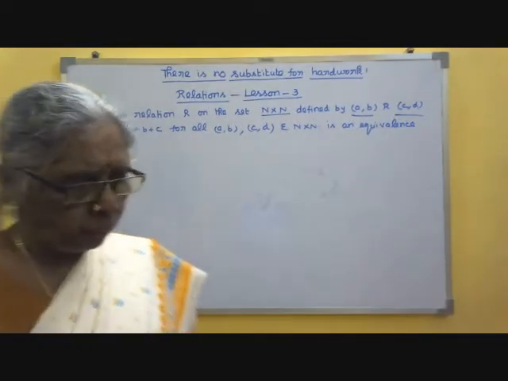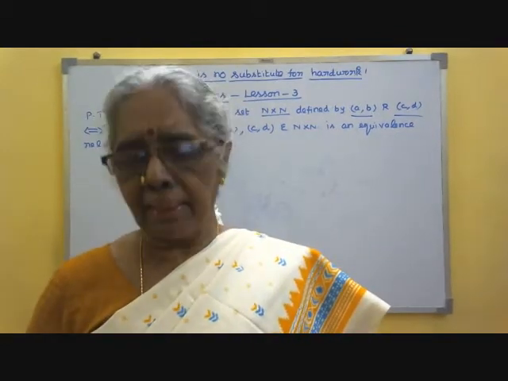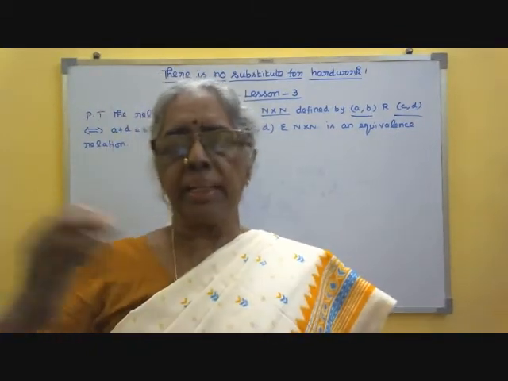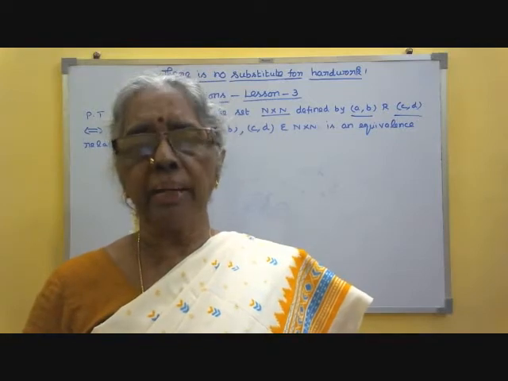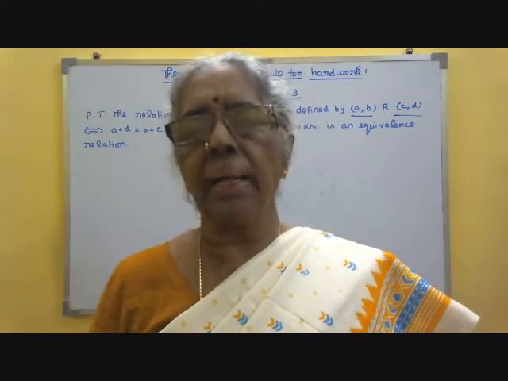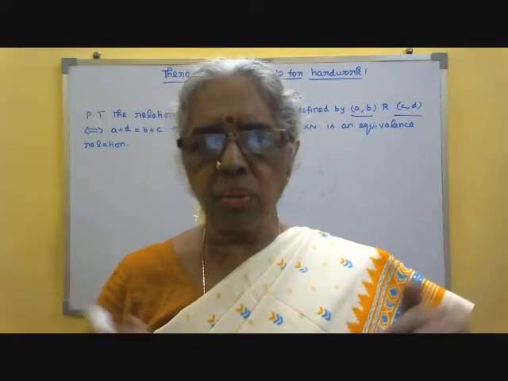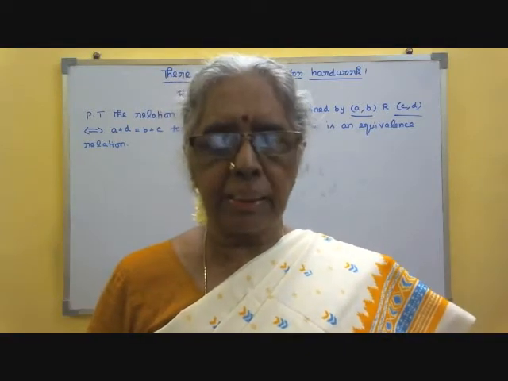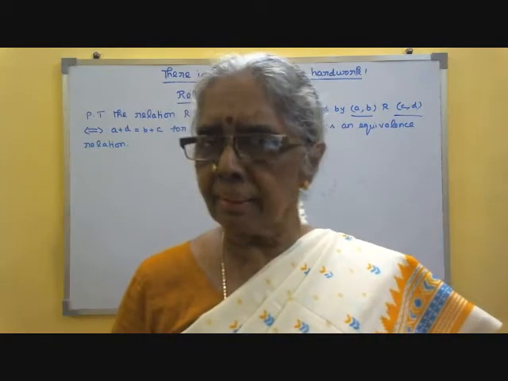Now, you have to prove R is an equivalence relation. When you start any sum, first you have to write what is given, that is whatever be the rule of relation they have given, that you have to write, and then we will start with to prove it is reflexive, symmetric as well as transitive.